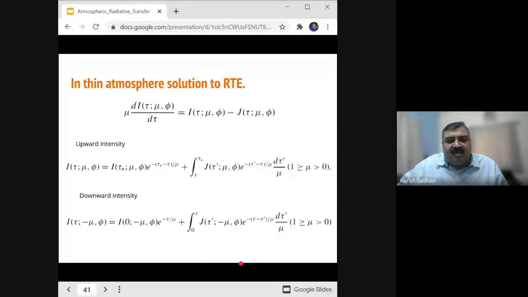What is the size of the particles, or what is the absorption property of the particle? Whereas when you are doing the observation from the ground, you don't require these assumptions. Without assuming anything about the aerosol, you can calculate the aerosol optical depth, and that's why ground-based aerosol optical depth is much more accurate than the satellite-based aerosol optical depth.